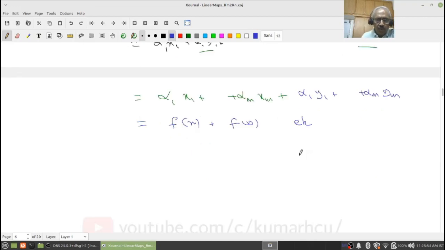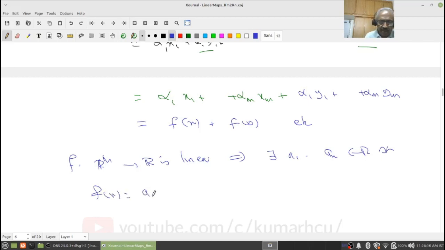So what do you think we have proved? We have proved that if f from Rm to R is linear, then there exist scalars a1 to am in R such that f of x is of the form a1 x1 plus and so on up to am xm. I am not simply saying there exist a1 to am, but I know what they are: they are nothing other than f of ei.